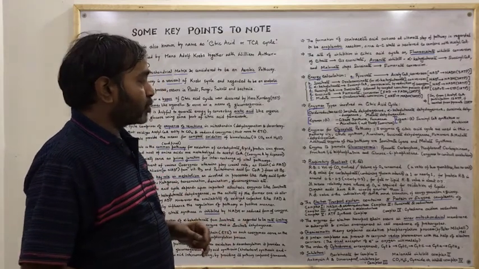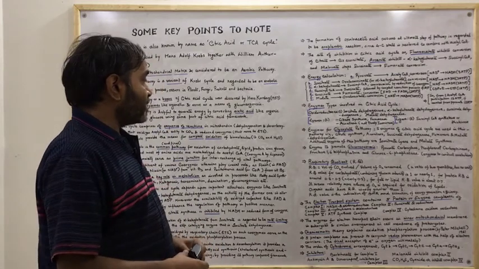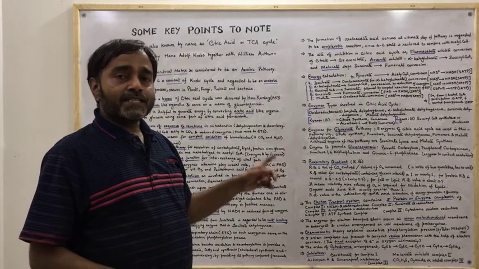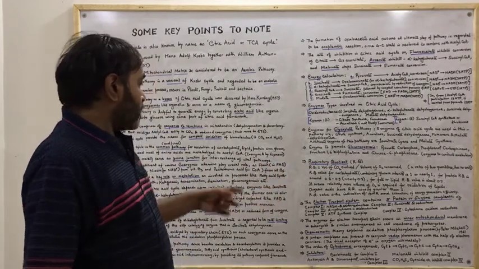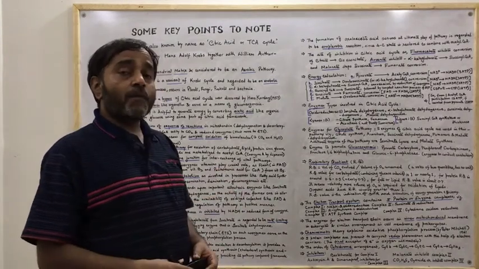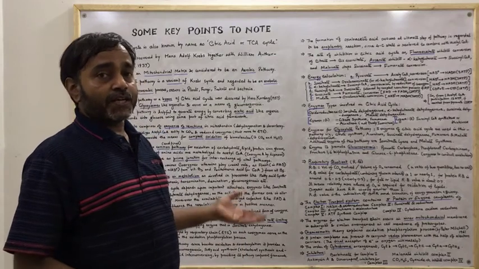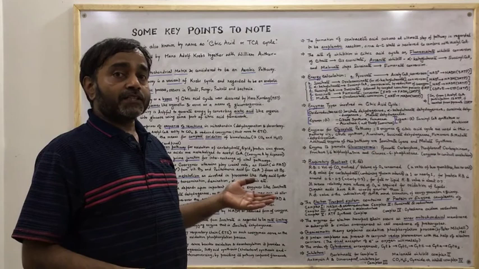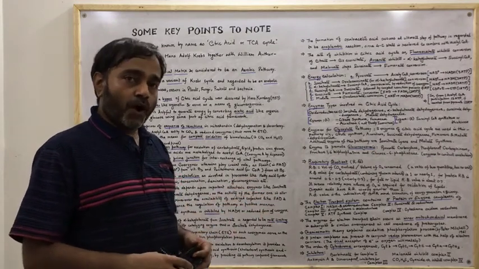Now complex 4 is the cytochrome oxidase complex, and that is very important because this enzyme, cytochrome oxidase, is very specific in its work. Now the next complex, complex 5, is the ATP synthase complex, which is relevant because it works at the last stage of the electron transport chain.